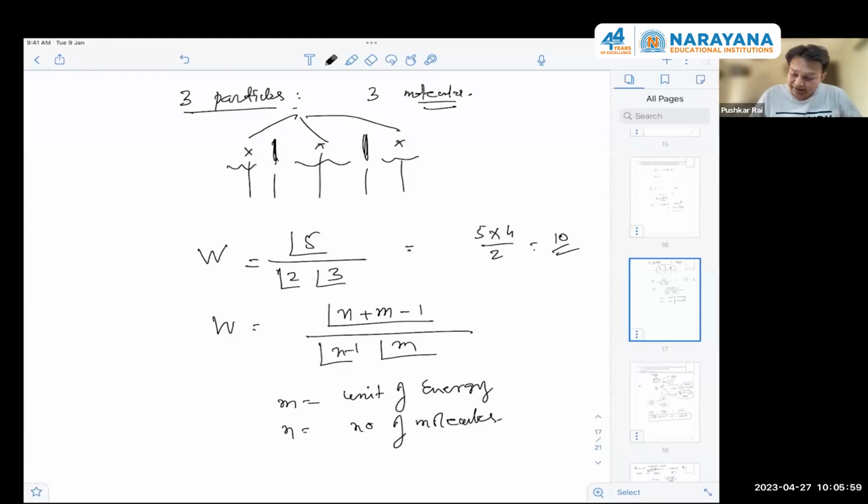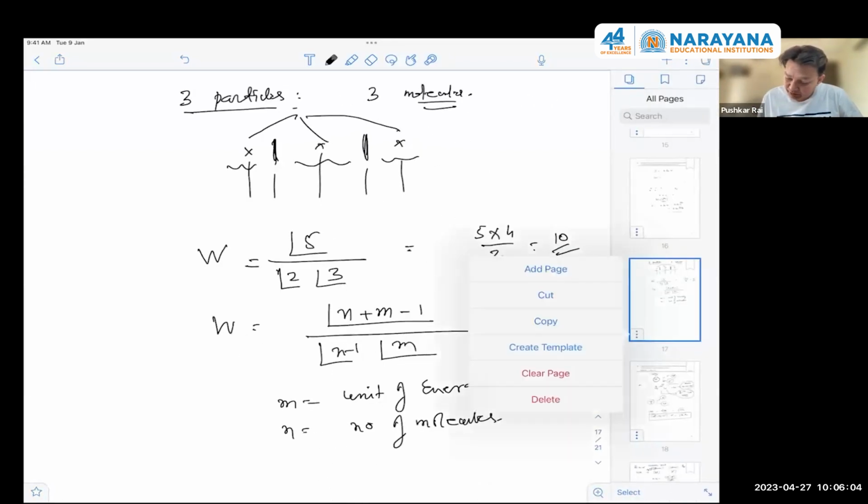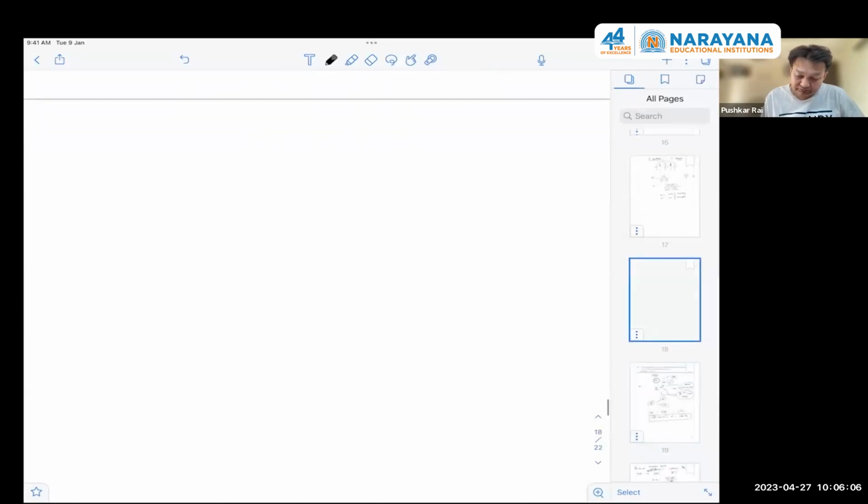Else you can also write this by a formula. The same problem you can also do by the formula. What formula do you know? S is equal to minus nR sum of xi ln xi. Sorry, T is not there. So minus nR sum of xi ln xi. This is the entropy of mixing.